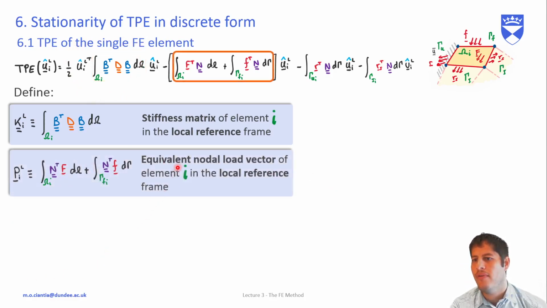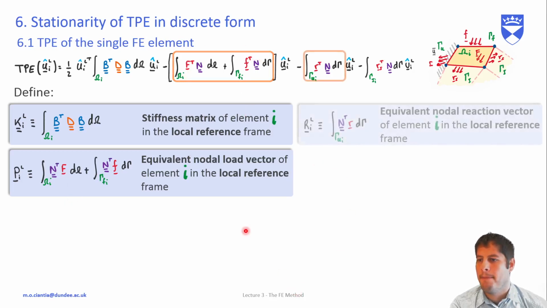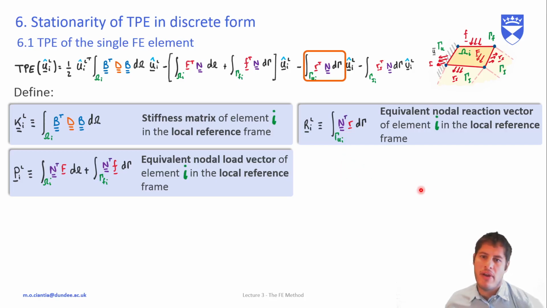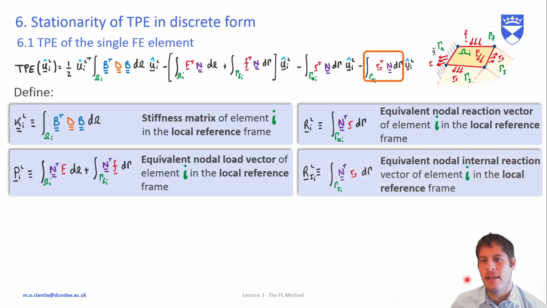We have the equivalent nodal load vector of the element i in the local reference frame, defined as this, okay? These terms over here. And then we have the equivalent nodal reaction vector, and finally the equivalent nodal internal reaction vector of element i in this local reference frame.